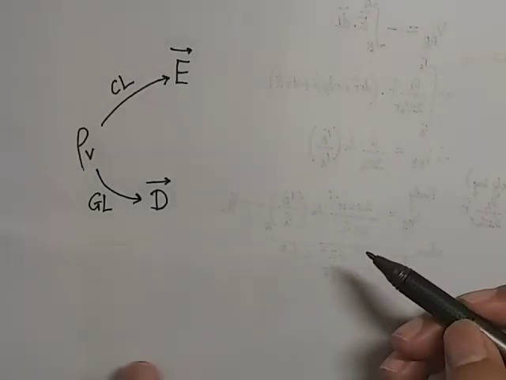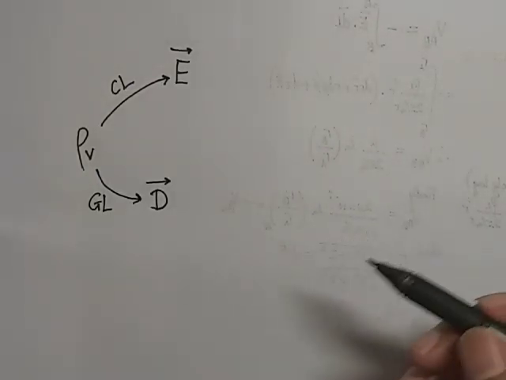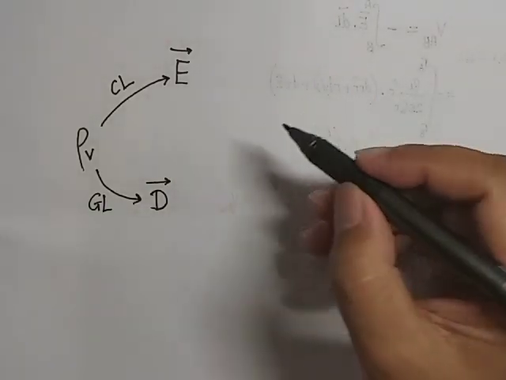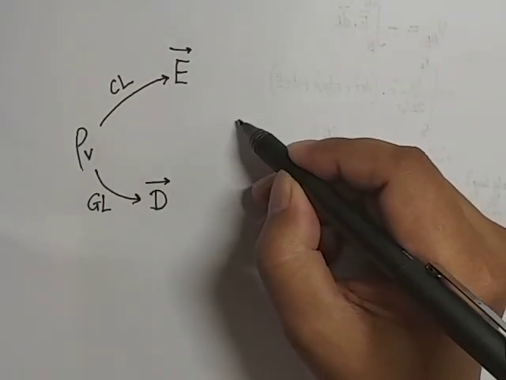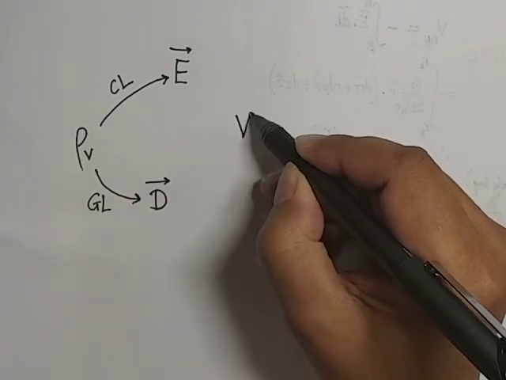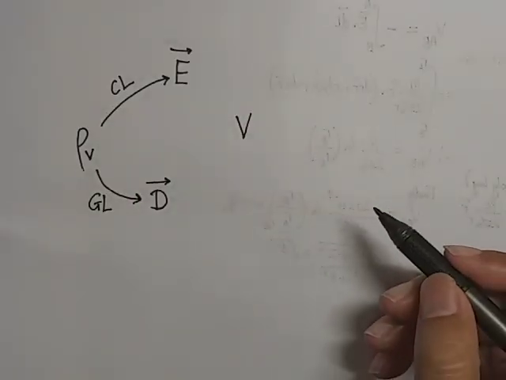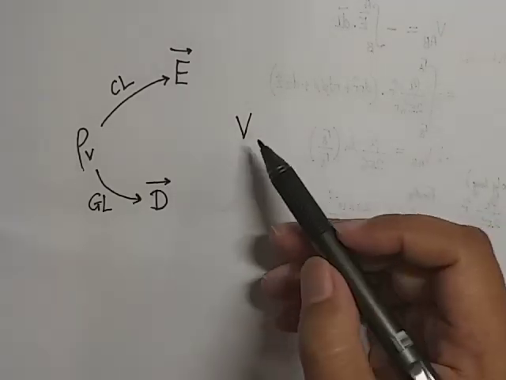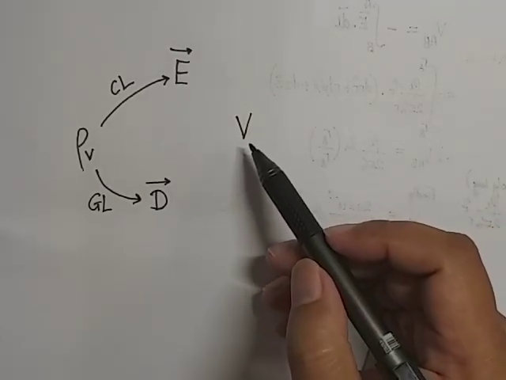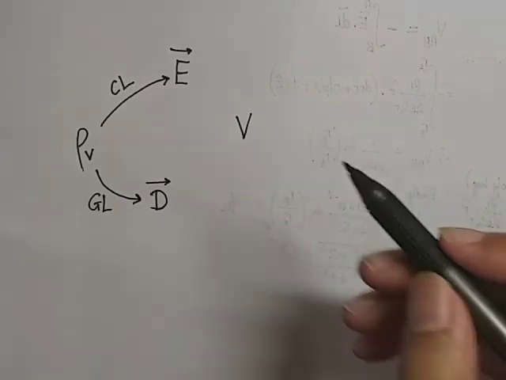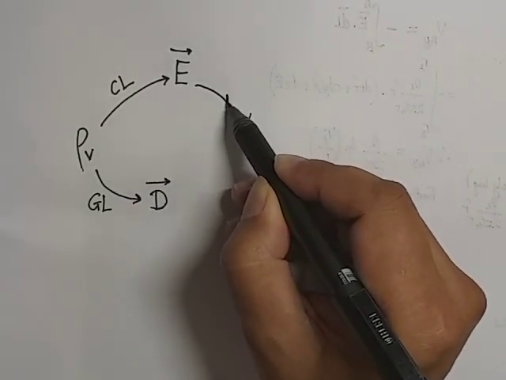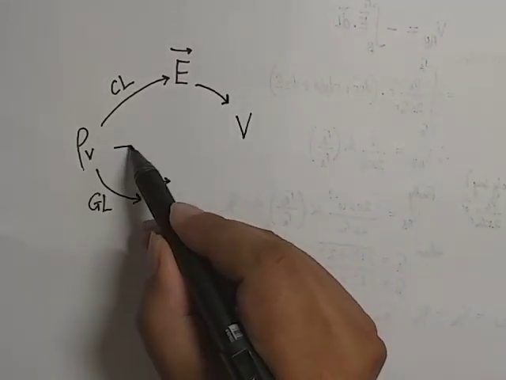And after that, we learned about another component generated by the source, and we denote that as V. For us electrical engineers, V is what we call potential, and we know that V can be determined either from the E field or from the source.